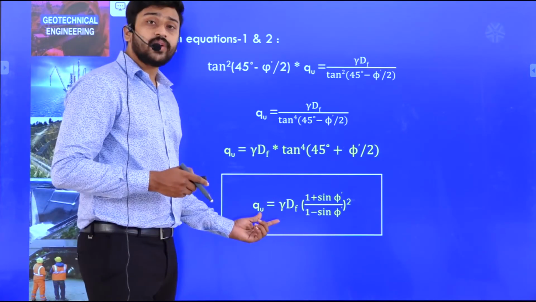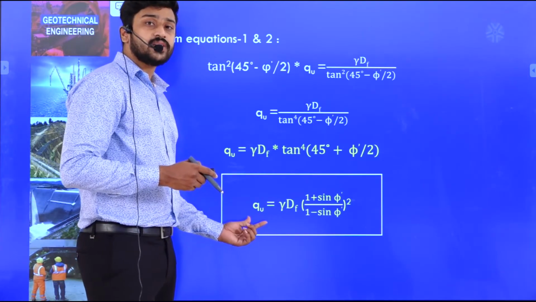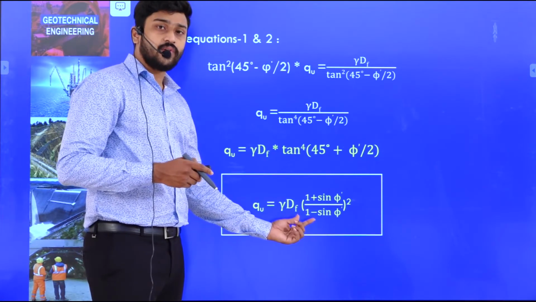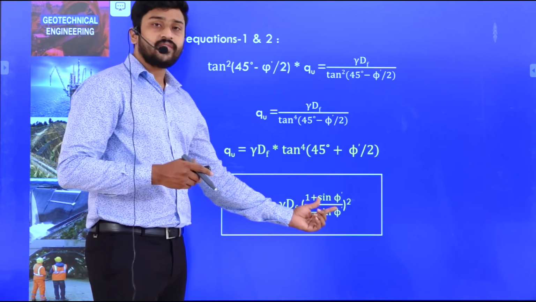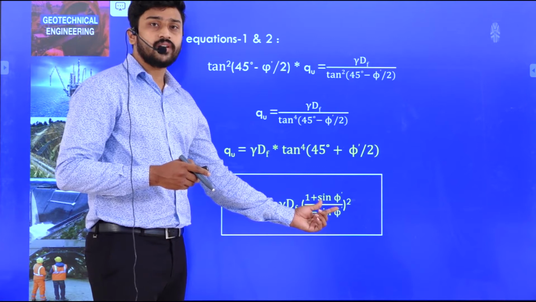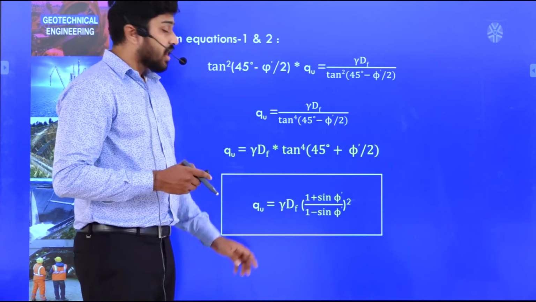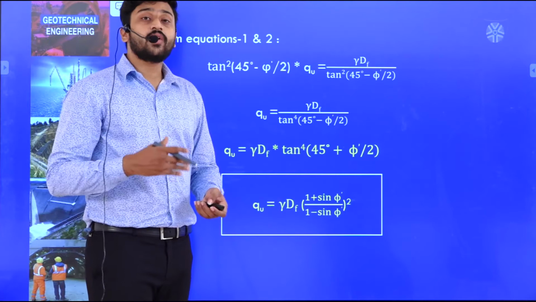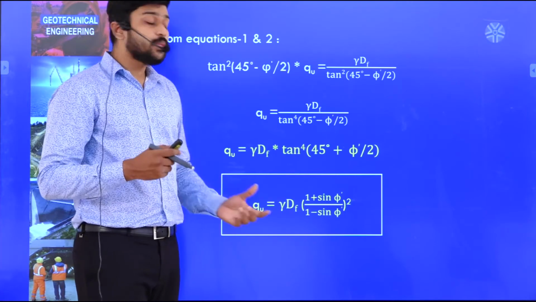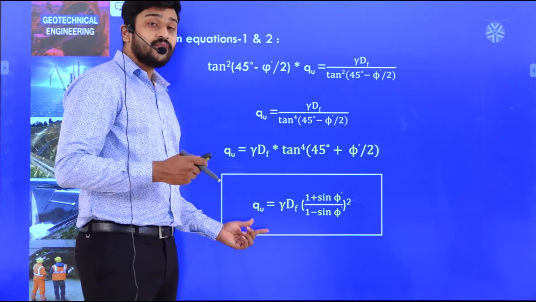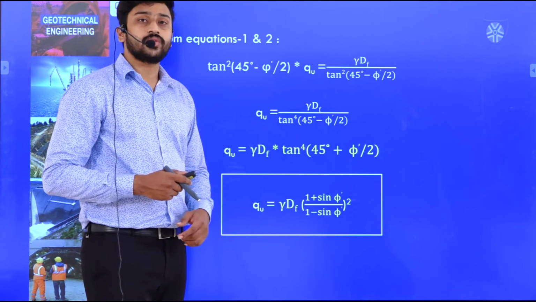So we can obtain the ultimate bearing capacity if we know the depth of the foundation, gamma, and phi, that is the angle of internal resistance. Apart from that, for the design of any foundation, if we know the ultimate bearing capacity of the soil, then we can determine the depth of foundation also.